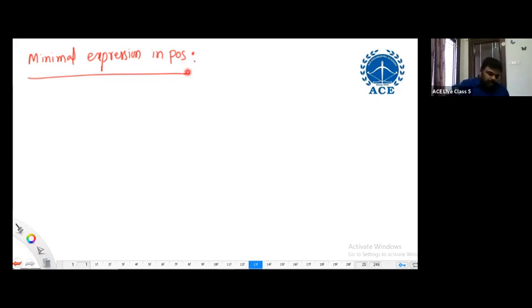Minimal expression in POS, product of sums. So far we have done SOP using minterms in the K-map. We have found minimal expression in SOP.